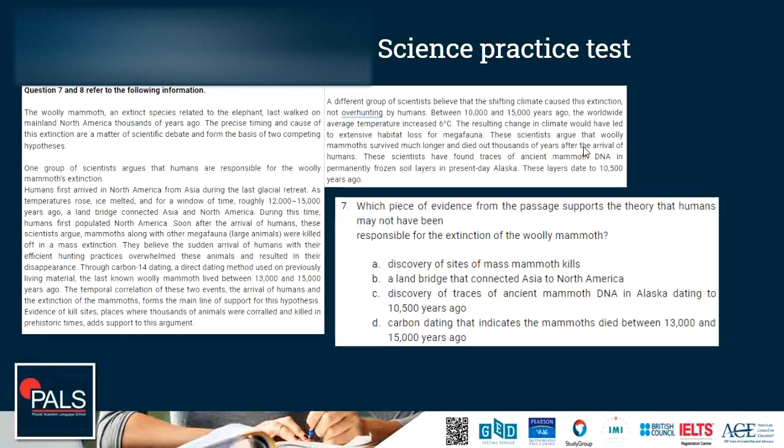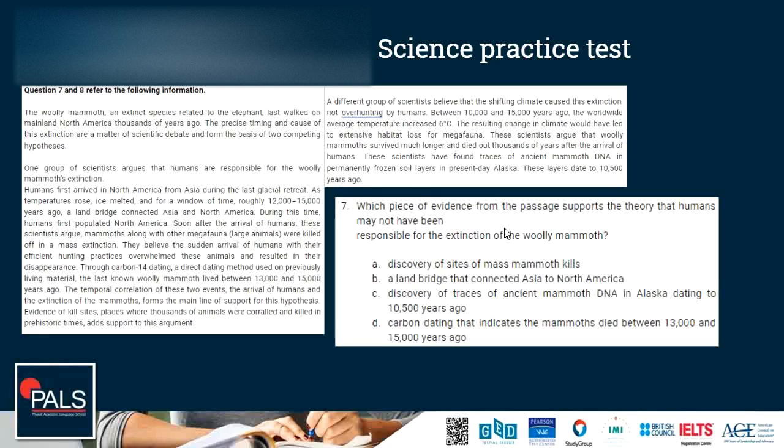These scientists argue that woolly mammoths survived much longer and died out thousands of years after the arrival of humans. These scientists have found traces of ancient mammoth DNA in permanently frozen soil layers in present-day Alaska. These layers date to 10,500 years ago.